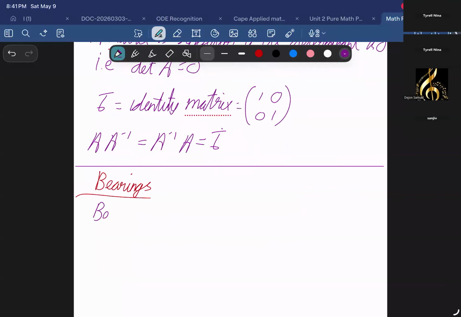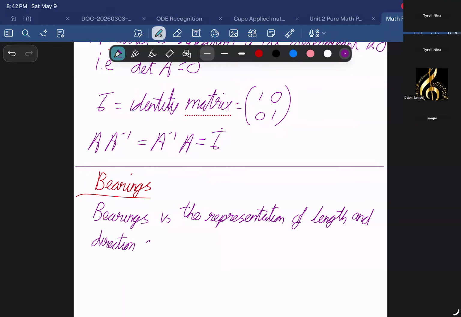So bearings is a representation of length and direction of places from each other.